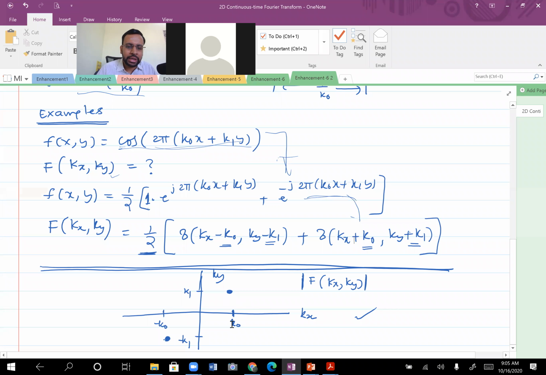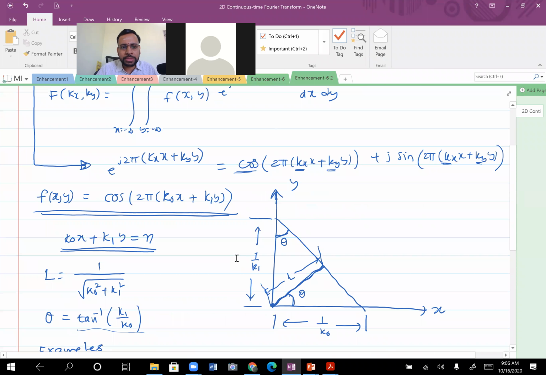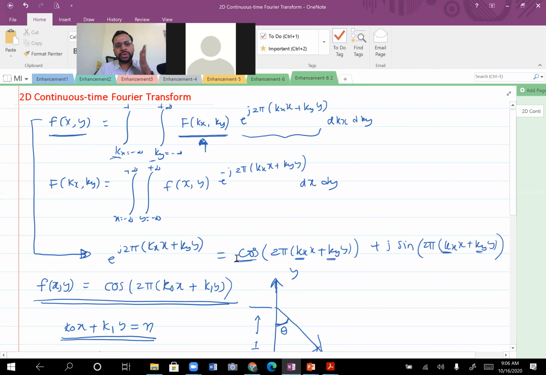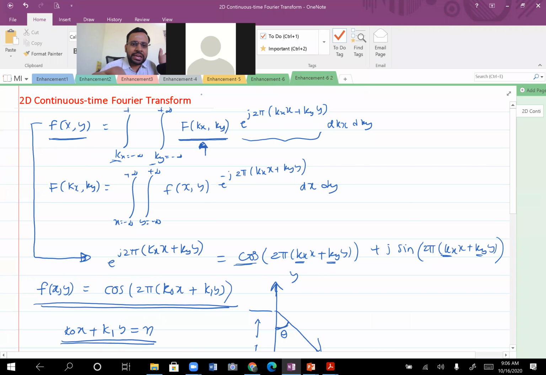One point is at k naught, k1, and another is at minus k naught, minus k1, and its value is in fact 1 by 2 there because of the multiplication factor. So once you have a cosine in the spatial domain, these are the values of its Fourier transform.